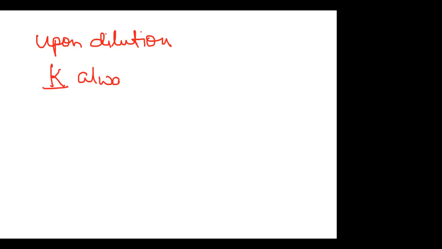Remember one thing, children, upon dilution, specific conductance always decreases. That is, this is kappa that I'm talking about, always decreases. It is quite understood. Why will it decrease? Because the number of ions present per cc of the solution decreases. So the kappa always decreases upon dilution.